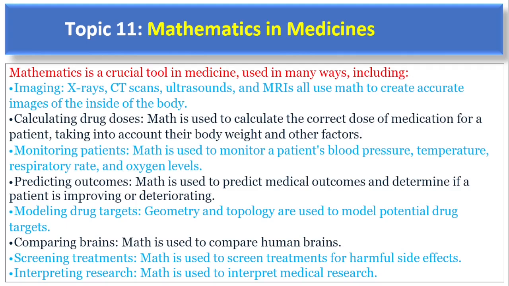Just on a lighter note, I would like to add that in India it is compulsory to have biology as one of your subjects in the 12th standard to take up the medical field.